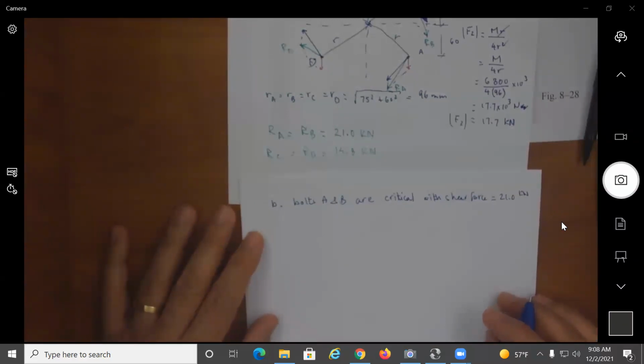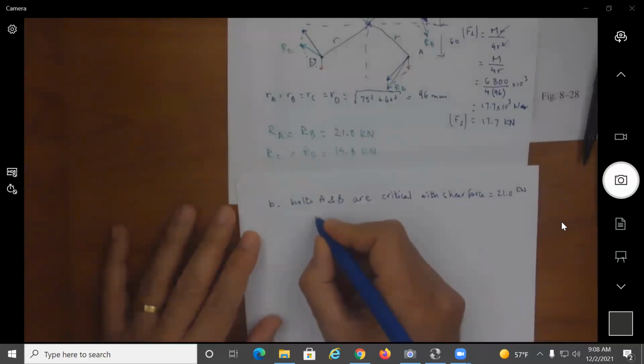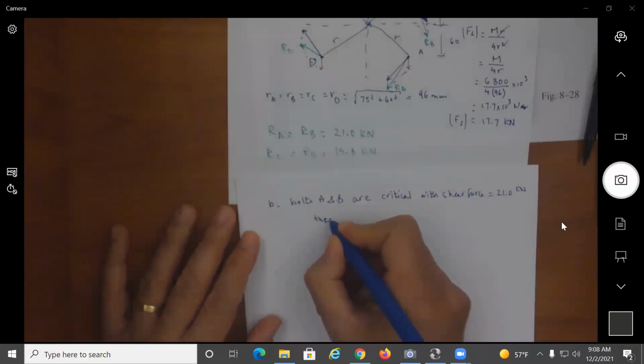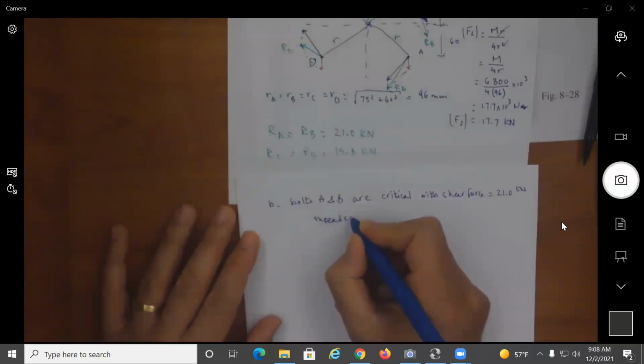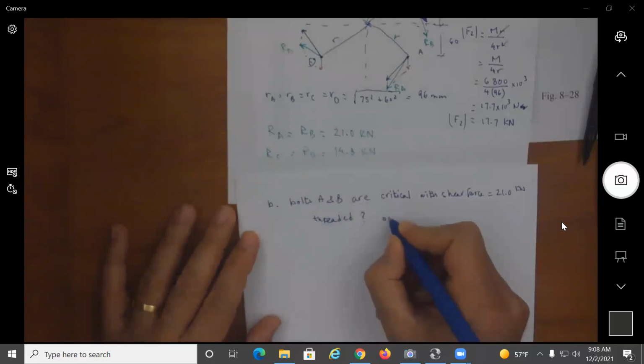So when I'm looking at the shear stress in the bolt, I have to ask the question: is it going through the threaded portion or the unthreaded?